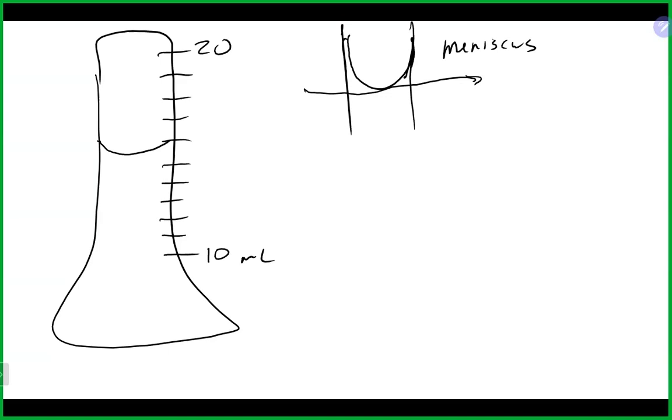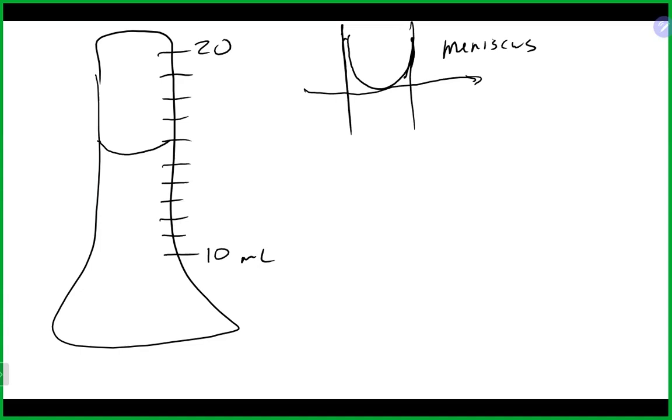Not all meniscuses are U-shaped. There are certain substances where the attractive force between the substance and itself is stronger than with the glass container, and they go the opposite way, kind of like an n. Probably the only one you'll come across is mercury, and you won't come across it in labs anymore because they've taken it out.